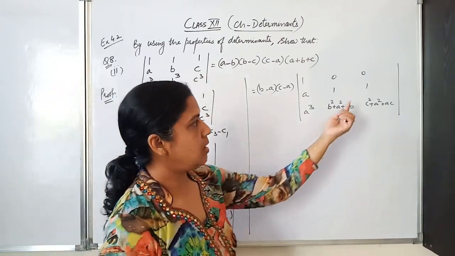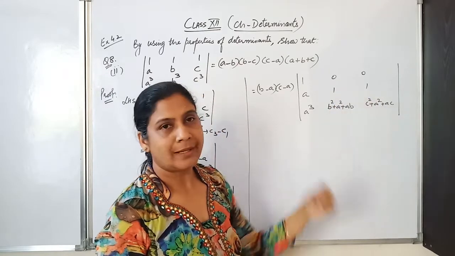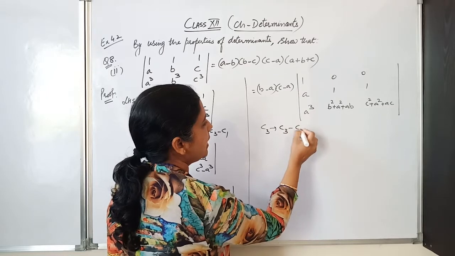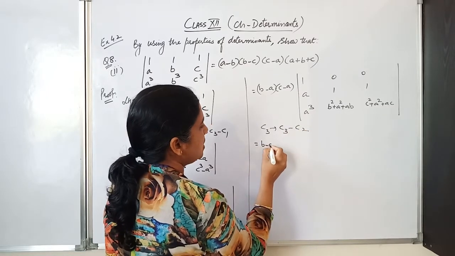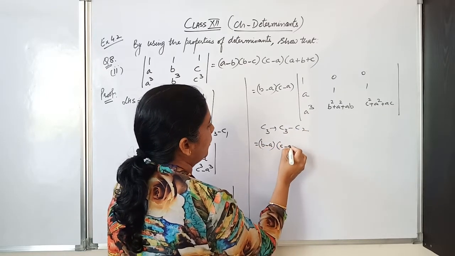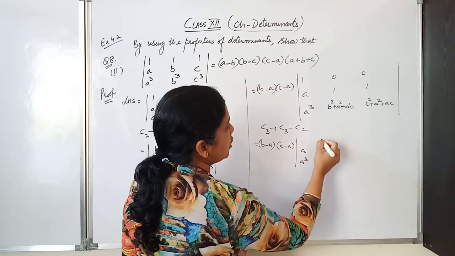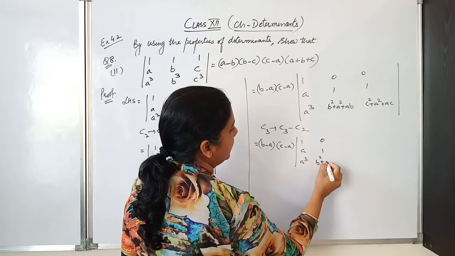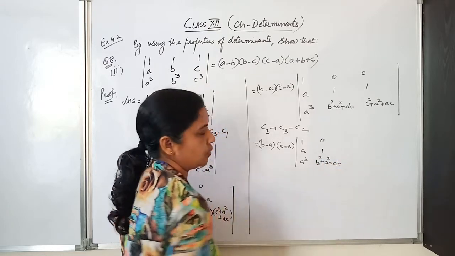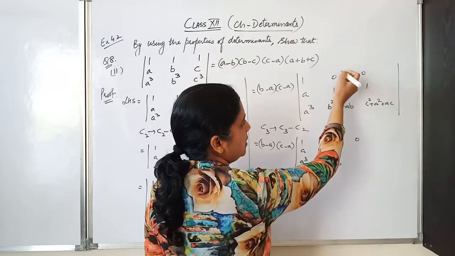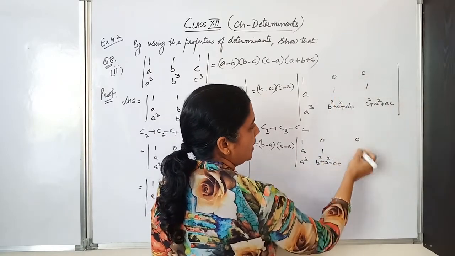Again I can see 1, 1, which can be made into a 0. So I am going to make C3 go to C3 minus C2. No change in the first column, no change in the second column. They have to be written down as such. Only the third column is going to take the transformation. 0 minus 0, 0, 1 minus 1, 0.